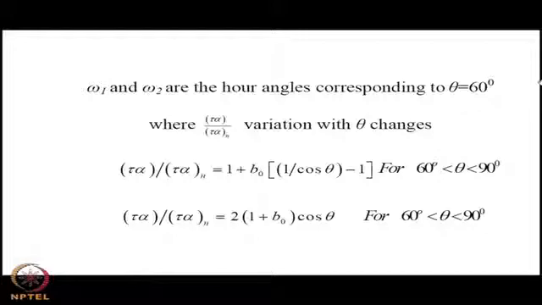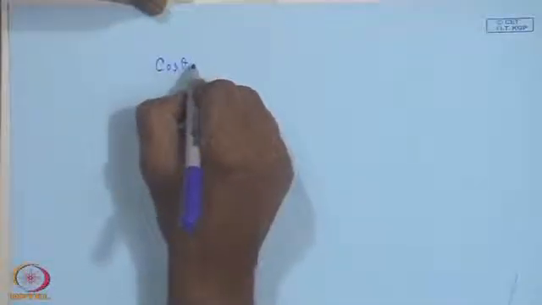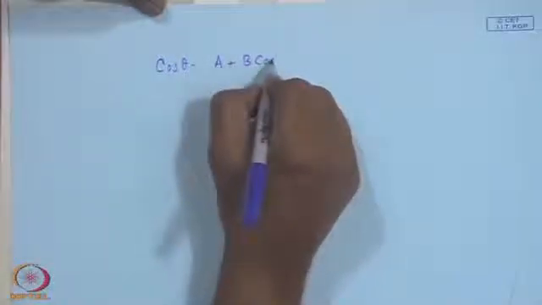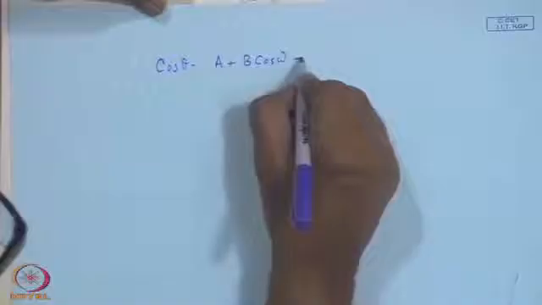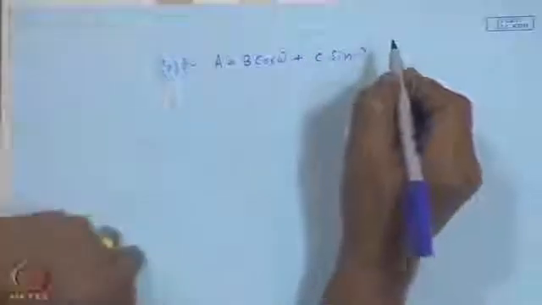So, omega 1 and omega 2 are obtained by setting cos theta equal to cos 60, which is half, in our general relation for cos theta, which is a plus b cos omega plus c sin omega.